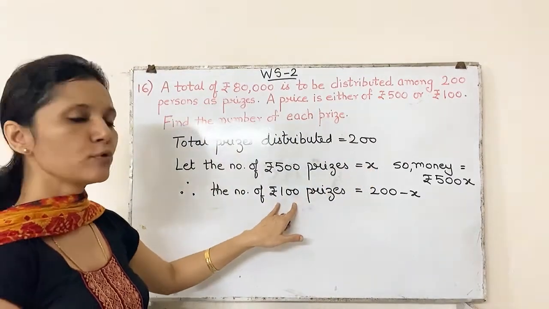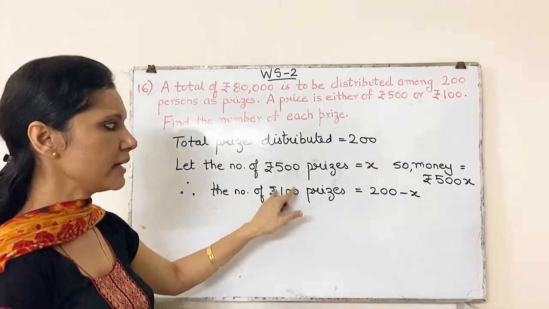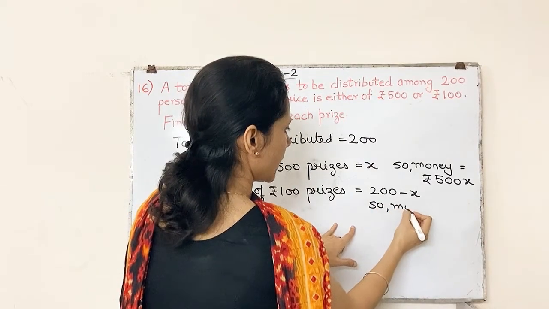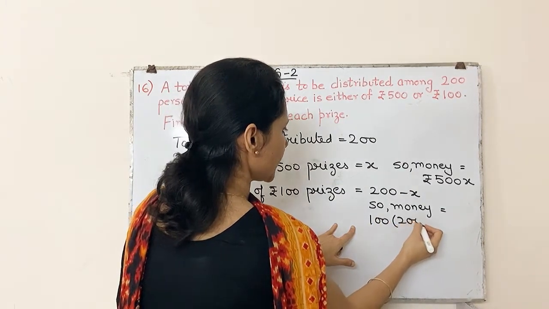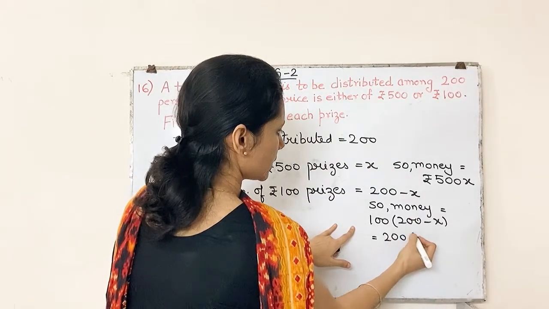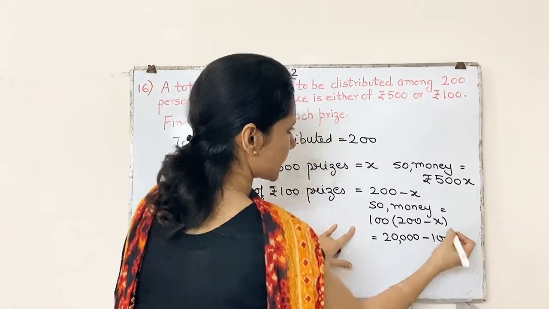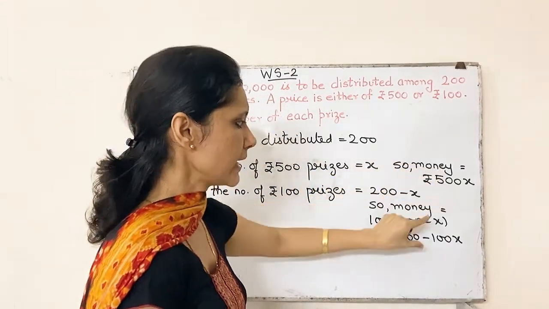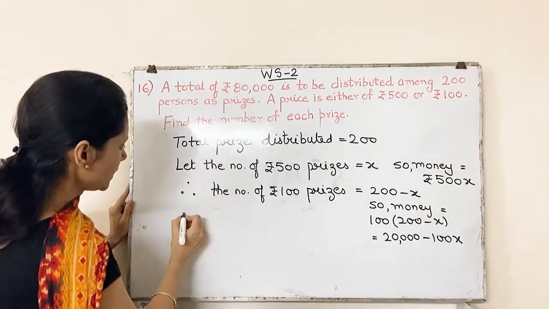Similarly, if the 100 rupee prizes are 200 minus x, the total money would be 100 multiplied by 200 minus x. Let's solve this. This would become 20,000 minus 100x. Now we know that the total money is actually 80,000. That means this plus this is equal to 80,000. So that is our linear equation.